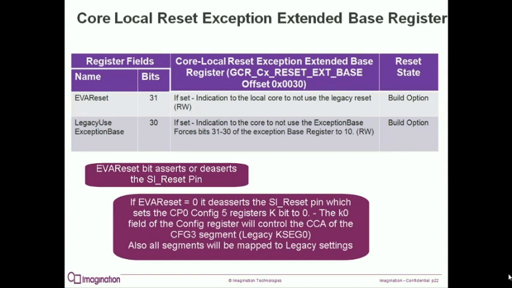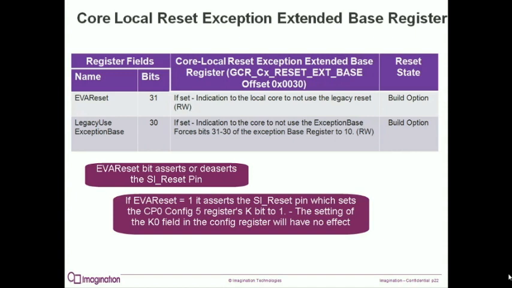In this case, the K0 field in the CP0 config register will control the CCA of CFG3, and the CP0 segmentation control registers will reflect legacy mappings for KUSEG, KSEG0, KSEG1, and KSEG2 and 3. In other words, it will map and behave just like a legacy core.